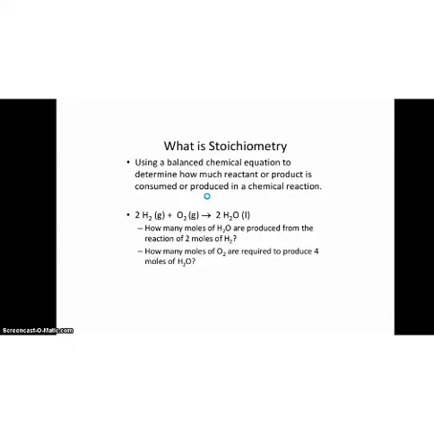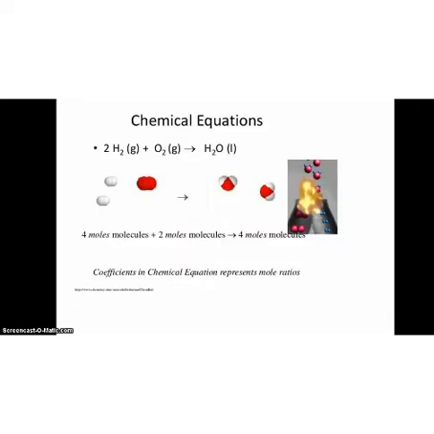Consider an example, 2H2 plus O2 giving 2H2O. Here, how many moles of water are produced from the reaction of 2 moles of hydrogen? And another question is, how many moles of oxygen are required to produce 4 moles of water? So, this is the chemical equation 2H2 plus O2 giving 2H2O.